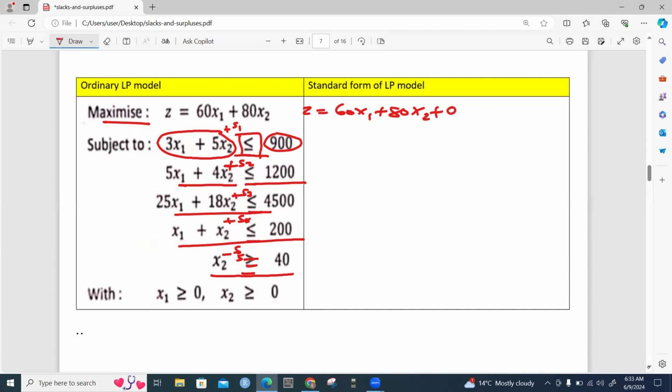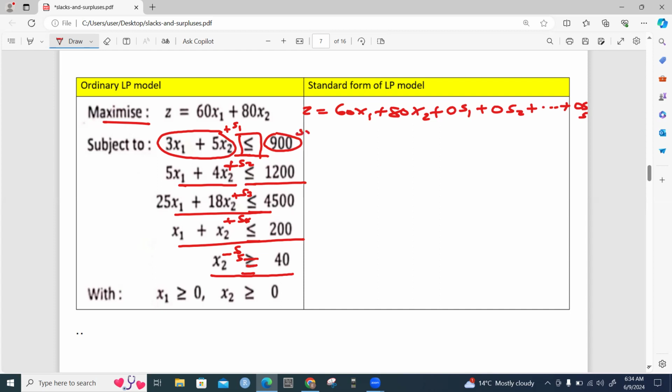However, they are captured with 0 coefficients, because they do not contribute to the profit or to the maximum sales of this objective function. They have no profit and therefore have no effect on the objective function. That's why we capture them with 0 coefficients: 0 plus 0 S1 plus 0 S2 plus 0 S3 all the way to plus 0 S5.